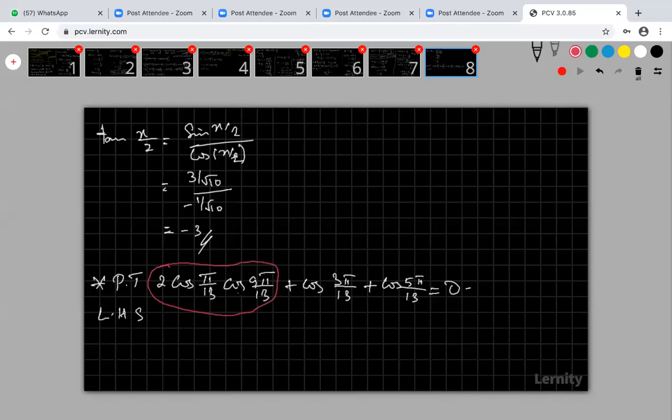Okay, the 2 cos A cos B formula is cos of A plus B plus cos of A minus B. Try to understand the formula.